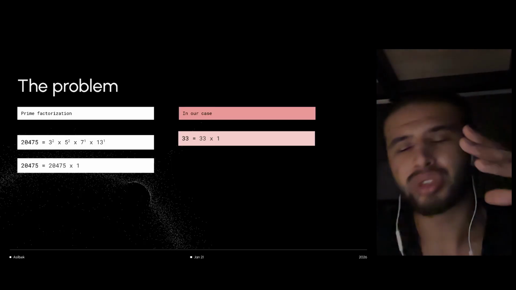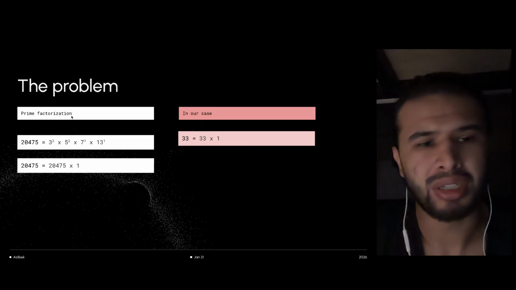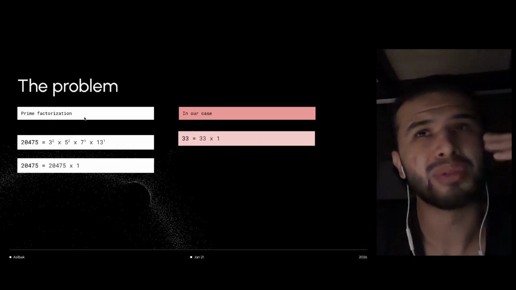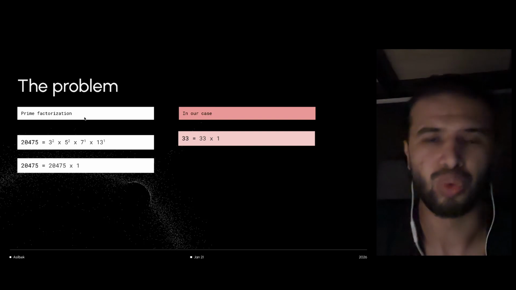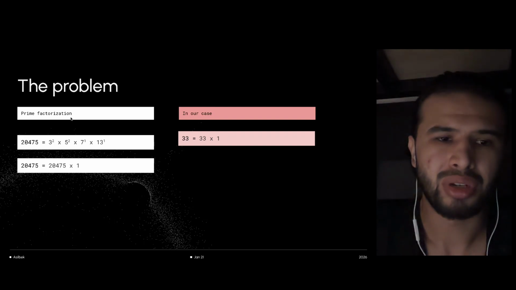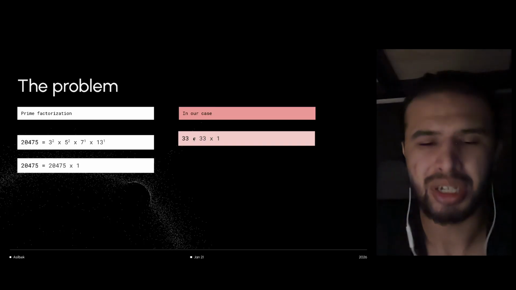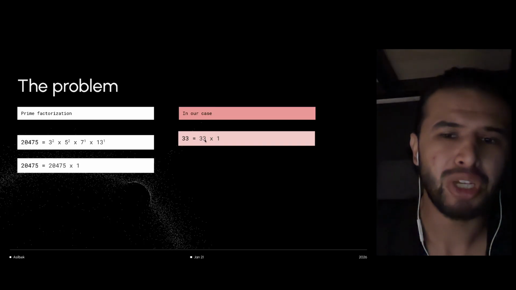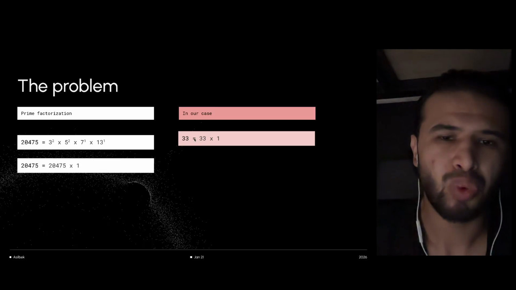Also, another quite interesting thing is that prime factorization is a really good example of a one-way function. What does it mean? If we have a bigger number, we don't know which numbers are its prime factors.